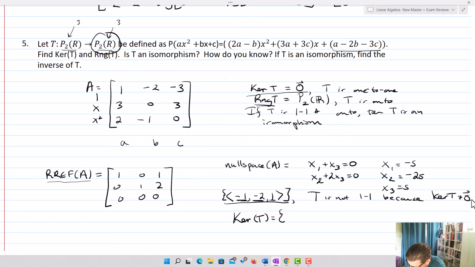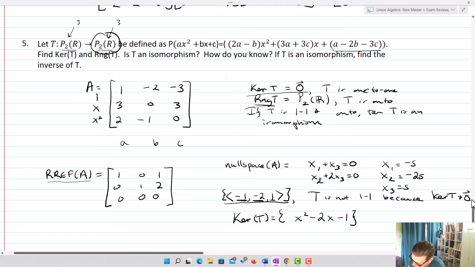So the kernel of T is going to be, we'll start out with the x squared, x squared minus 2x minus 1. And that ends up being the basis for the kernel of T. You can put the span on it, you don't have to. We kind of get the idea that that's the basis for the kernel of T.